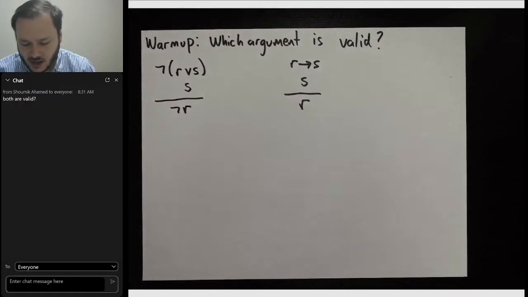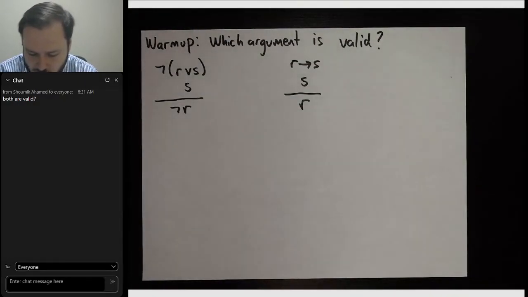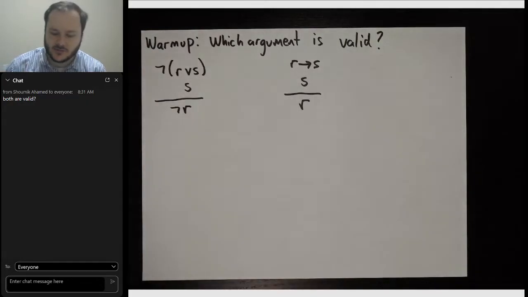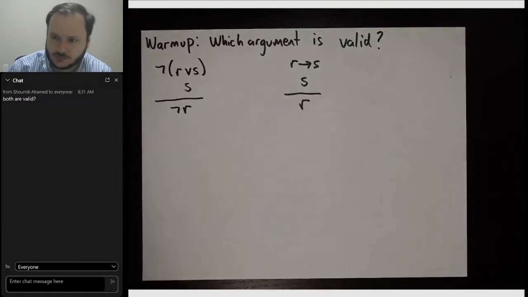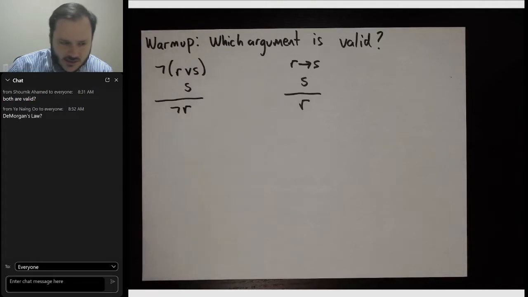Is there a law of logic that we could use in this case? One that sticks out right away, just something equivalent to one of our propositions. De Morgan's law, good. Yeah, exactly what I'm looking for.